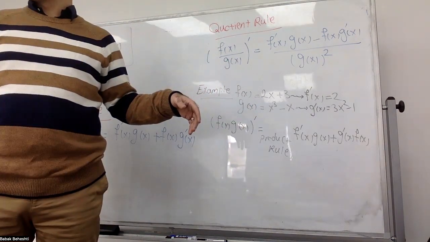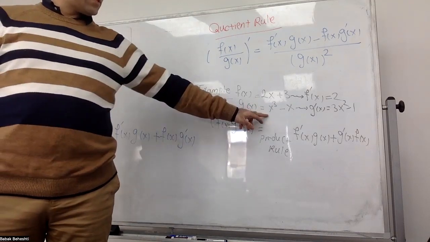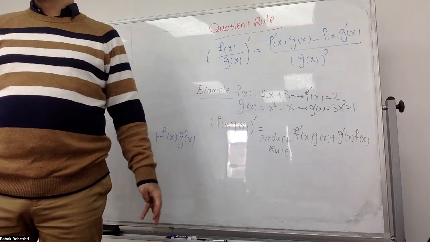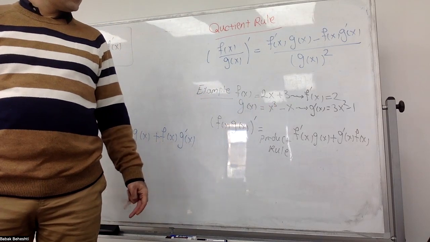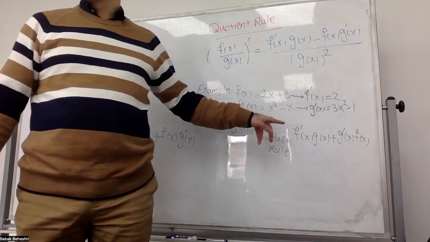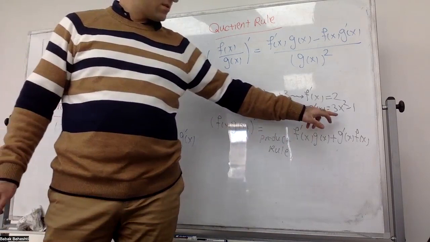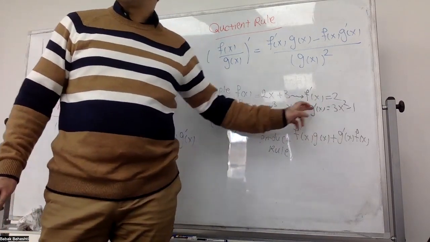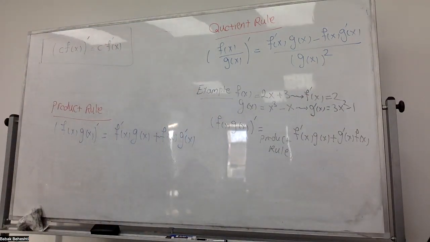The derivative of x cubed is 3x squared. And the derivative of x is 1. So the derivative of x cubed is, sorry, 3x squared. This is 1. What is the problem?